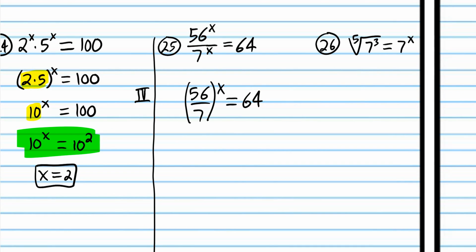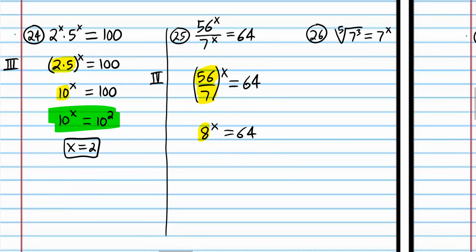And 56 divided by 7 is 8. So now we have an idea of the base that we need to be looking for. So we need to change 64 so that it's base 8. So that's 8 to the 2nd power. And of course that's the critical stage where we can just get rid of the bases.